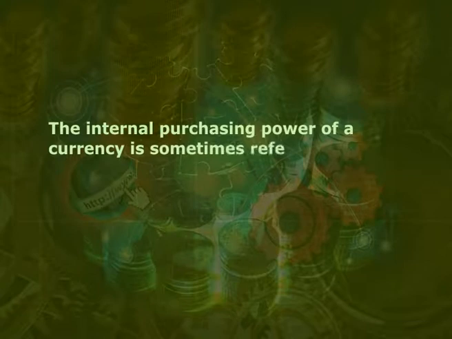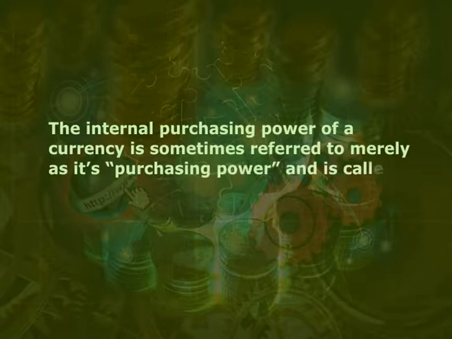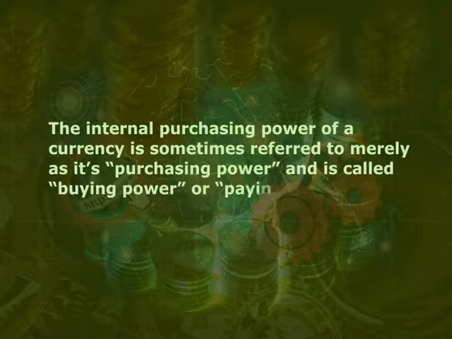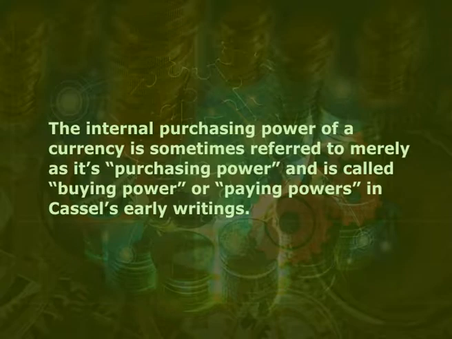Thus, a theory of absolute price parity results. The internal purchasing power of a currency is sometimes referred to merely as its purchasing power and is called buying power or paying power in Kessel's early writings.